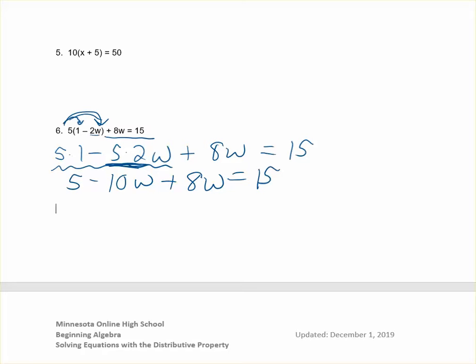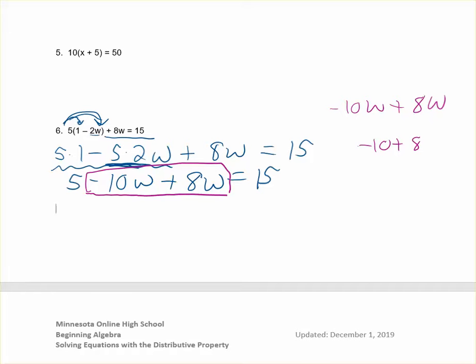Now we're going to look for like terms. When you look for like terms in an equation, the sign in front of each term is a part of it. So these are our like terms that I put in this purple box. Negative 10w plus 8w. So we need to know what is negative 10 plus 8.